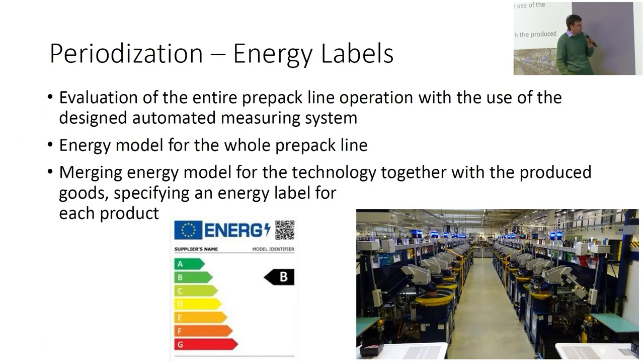Most of us know the energy labels that are on the white goods or electronics that we buy in the market, like for household. But in the industry, it's very rare to have this kind of energy label for each product.